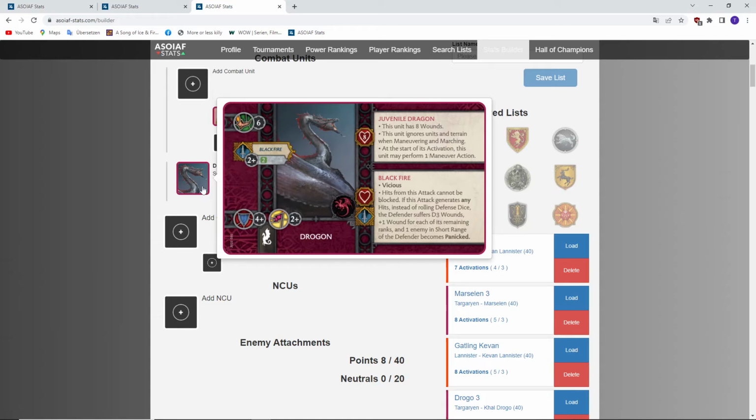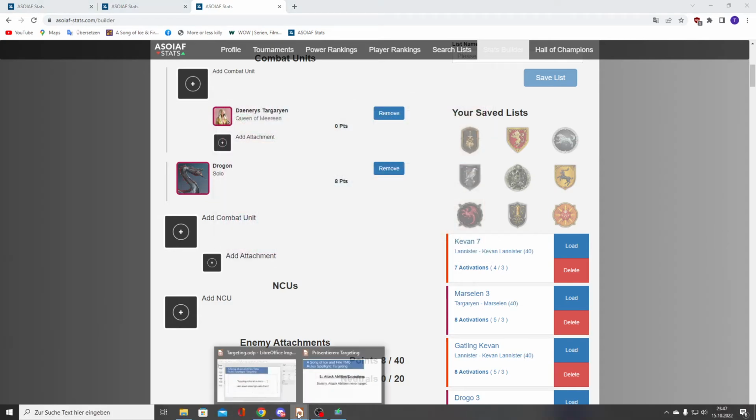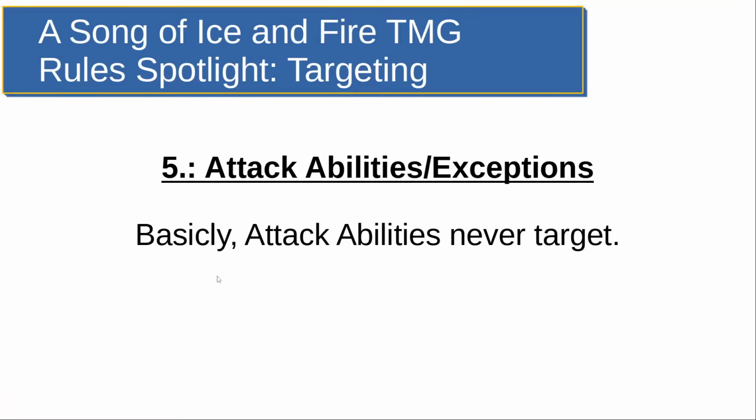This technically is targeting, although it's part of an attack ability, but it's irrelevant for the game again because it's an innate ability, so this can't be cancelled anyways. So yeah, it doesn't matter that it's technically targeting in this case. So you can just boil it down in the end as it stands now, November 2022, that basically attack abilities never target.